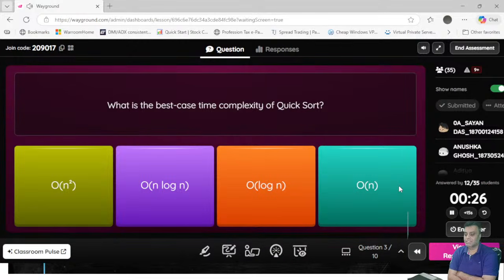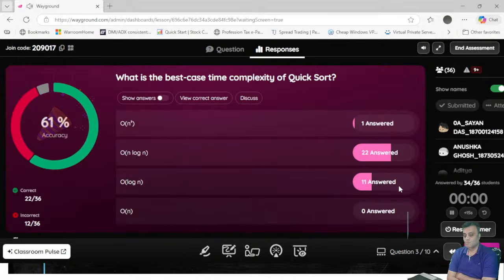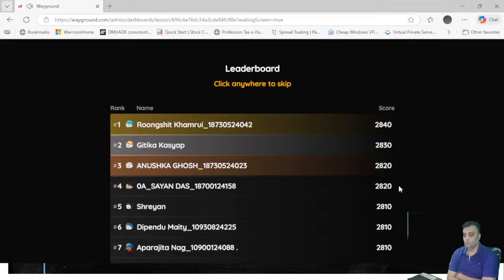Quick sort, best case. Rumshit, Gitika, Anushka.